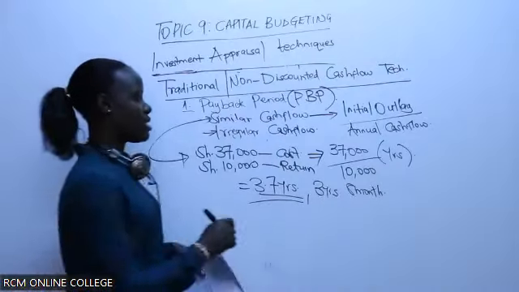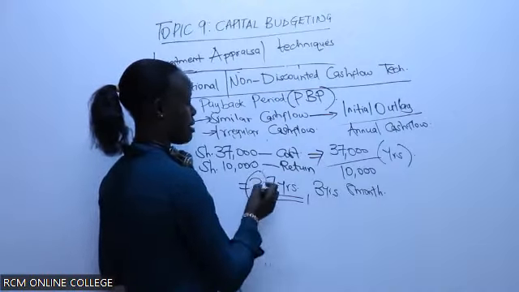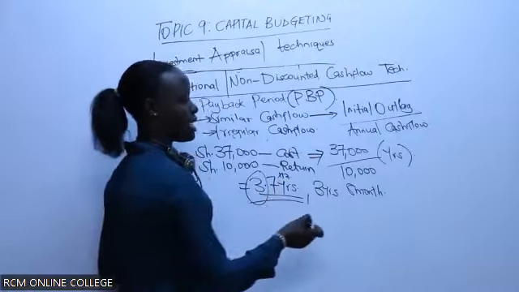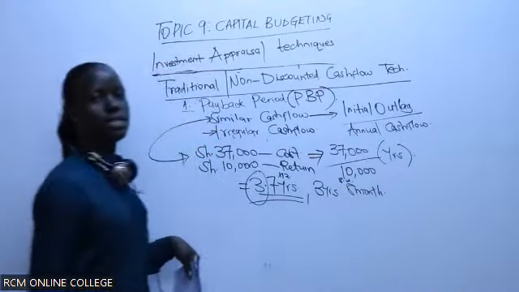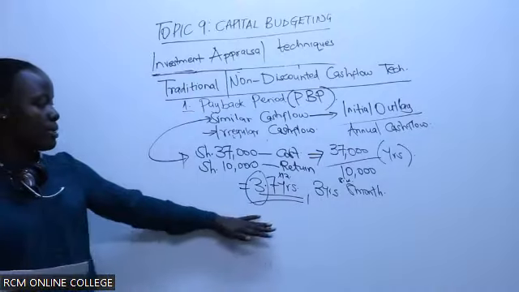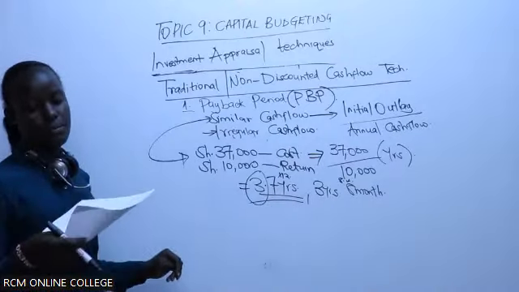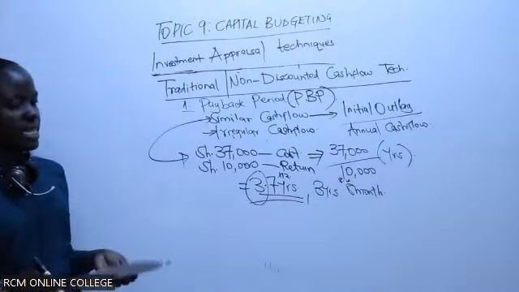So in this case, you take 3.7, this is 3 years, but now 0.7 you multiply by 12 months and you get 8.4, that is 8 months. So it will be 3.7 years or 3 years, 8 months. Is that okay? I guess that is very clear.